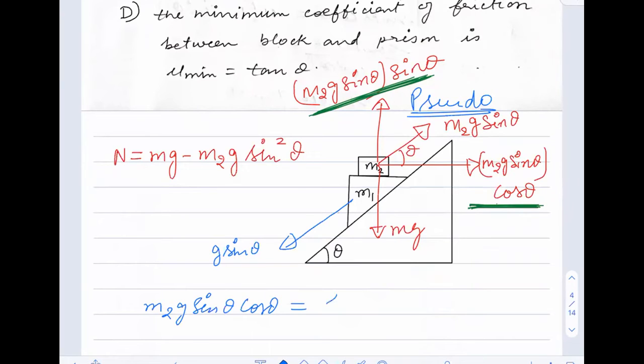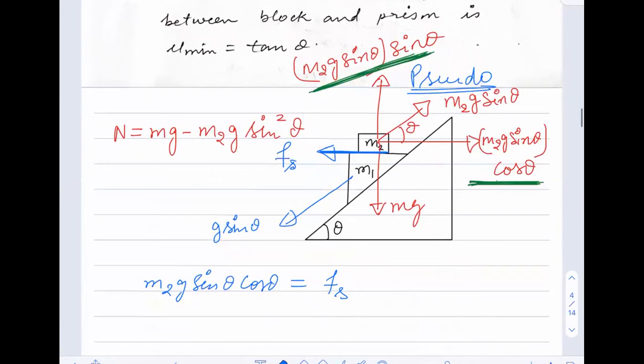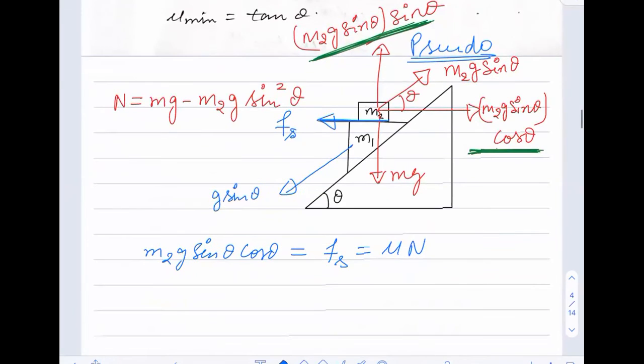Suppose this mass is slipping, then there will be a counter force in this direction. That is the static friction value. Do you understand this, everyone? So this static friction value will be mu into N, and the N value we have already calculated here.